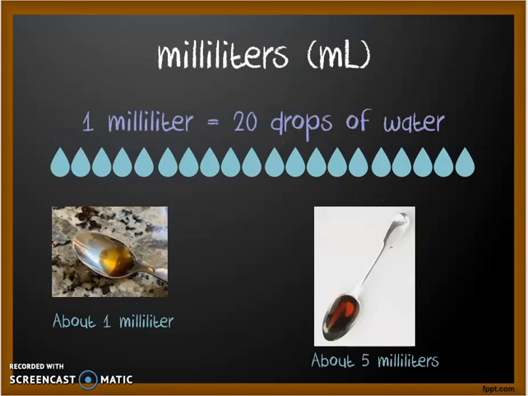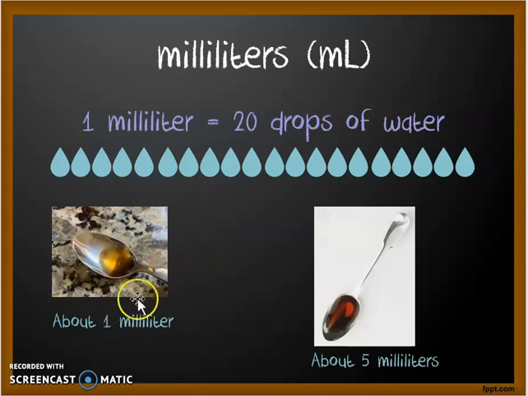So let's think about the milliliter first. The milliliter is equivalent to about 20 drops of water. So if you think about what amount of water 20 drops would be, that is approximately a milliliter. This picture of a spoon with a little bit of tea is about 1 milliliter.